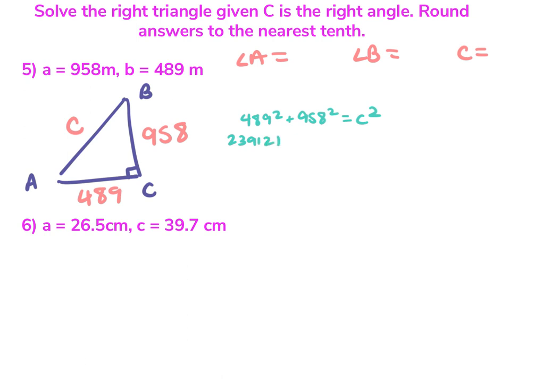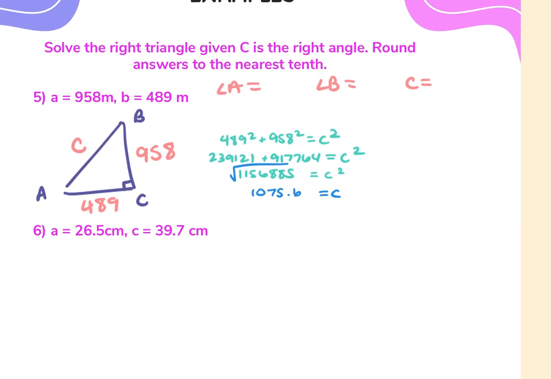I can just add those: 489 squared plus 958 squared, and I'd get 1156885. I don't have to write them out separately, that could all be one step. And then square root that answer, and I get C is 1075.58, so 1075.6.